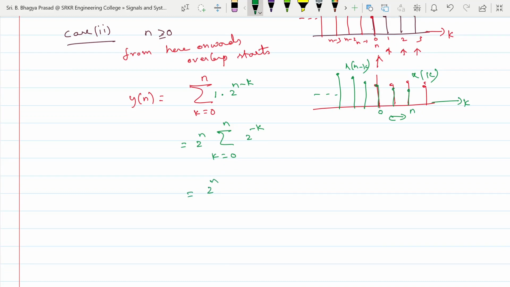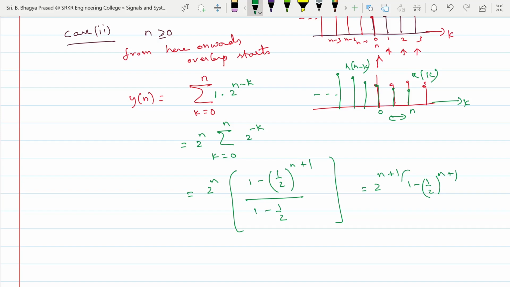So 2 power n times 1 minus 1 by 2 power n plus 1, over 1 minus 1 by 2. So you will get the value 2 power n plus 1 times 1 minus 1 by 2 power n plus 1, and this holds for n greater than or equal to 0.